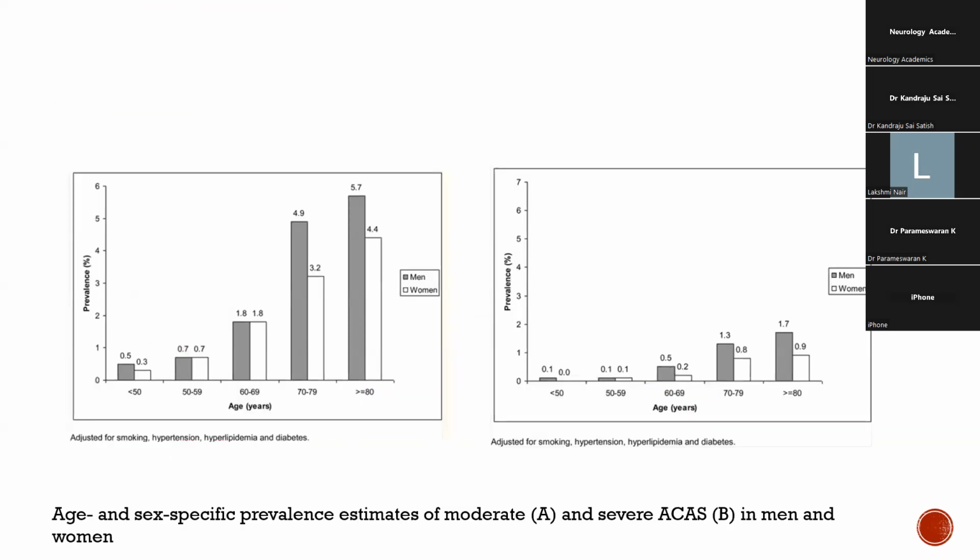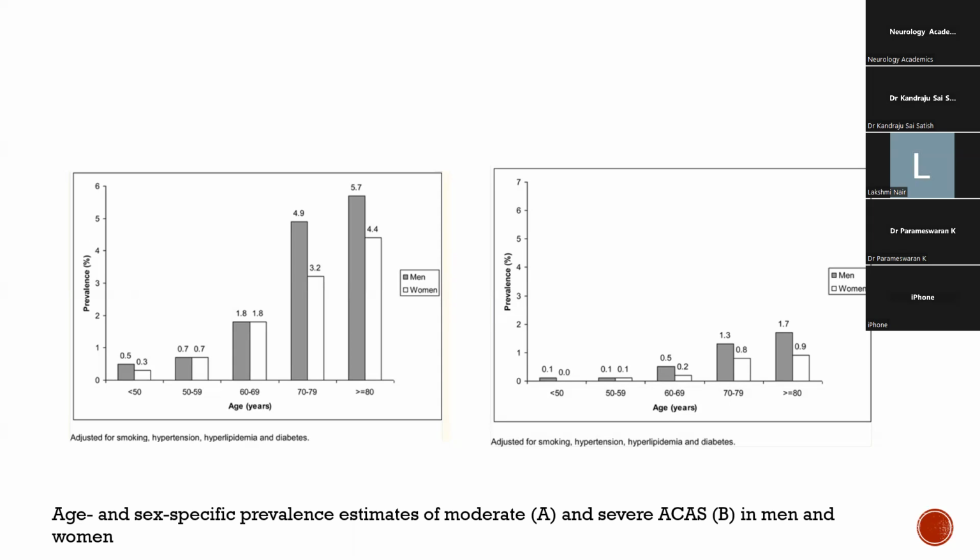So this is a bar diagram showing the same. Adjusted for smoking, hypertension, hyperlipidemia, and diabetes, we can see that as the age increases, especially in the male sex, after 80 years, the prevalence increases. The first image shows moderate and the second shows severe asymptomatic carotid artery stenosis.